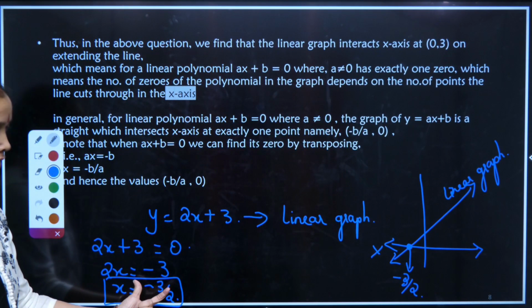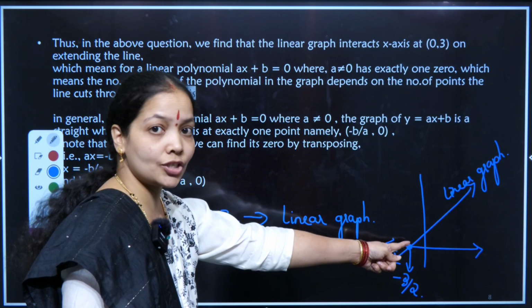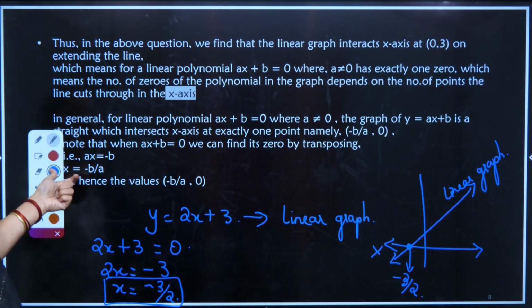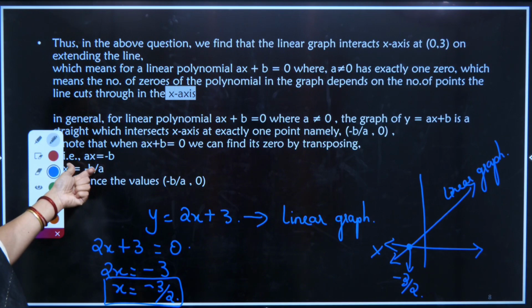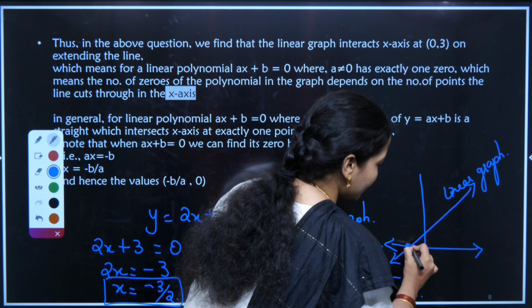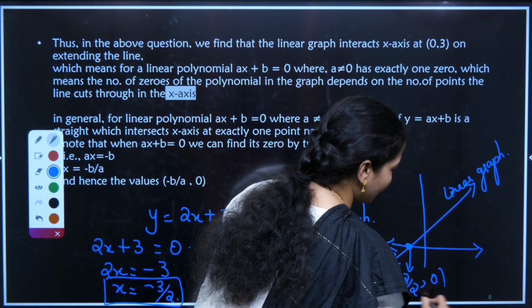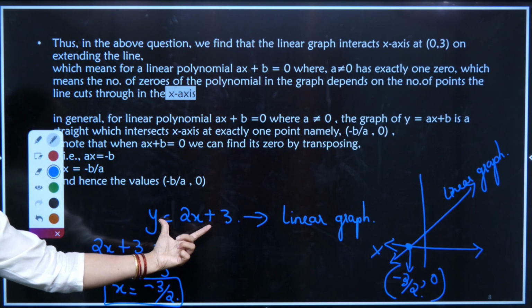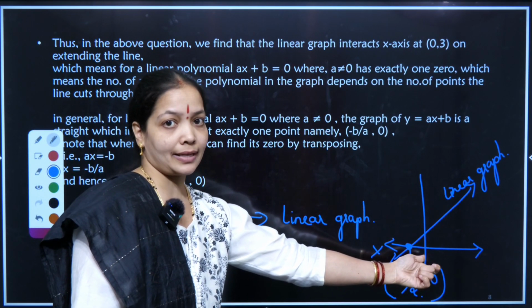This position will be the point of intersection of that graph, and hence we say that x equal to negative b by a comma 0 will be the point of this position. Negative 3 by 2 and 0 will give me the exact value where this graph is going to touch the x-axis.